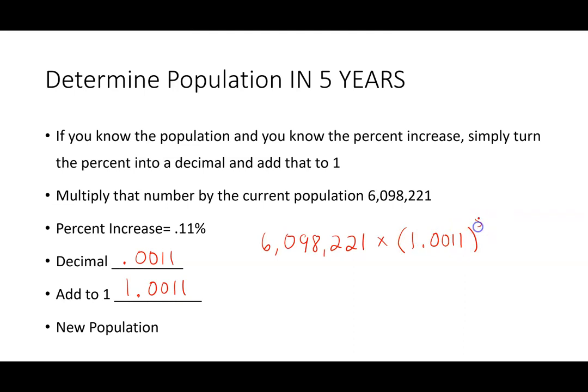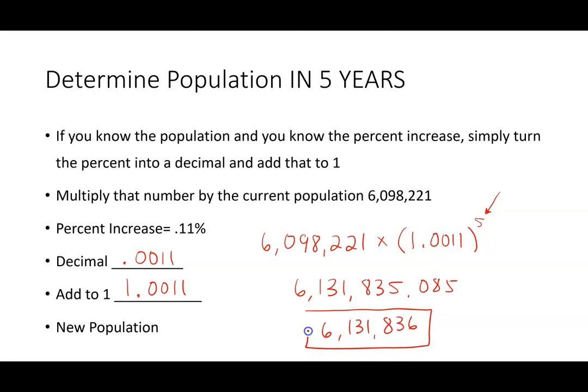We're going to raise it to the 5th power because that is the amount of years compounded on itself. So our grand total, our new population, after 5 years, is going to be 6,131,835.085. Once again, we cannot have 0.085 people. 6,131,836 people in our population.